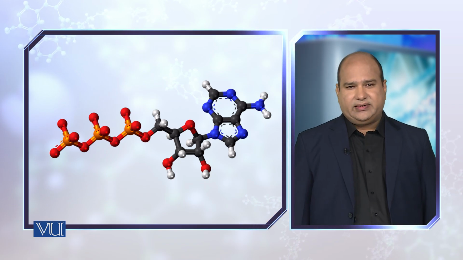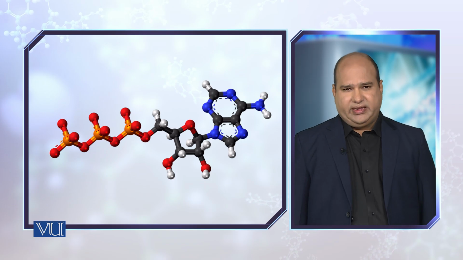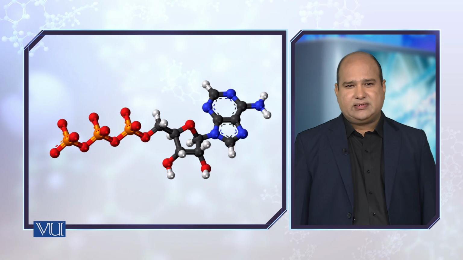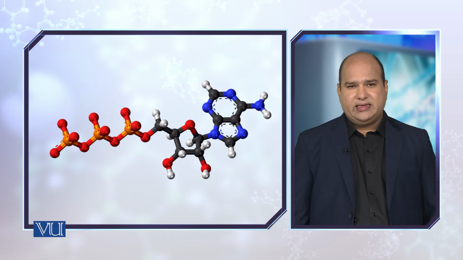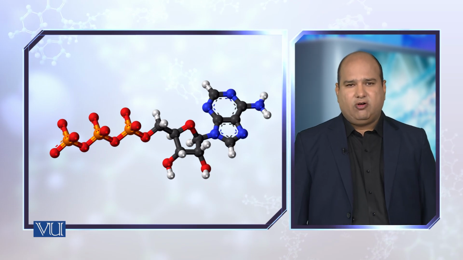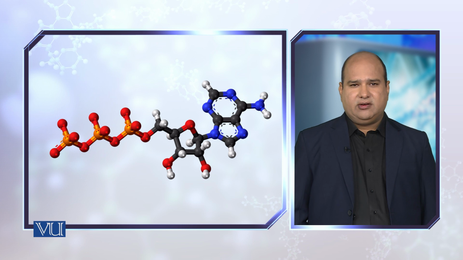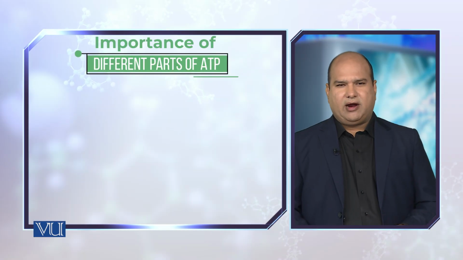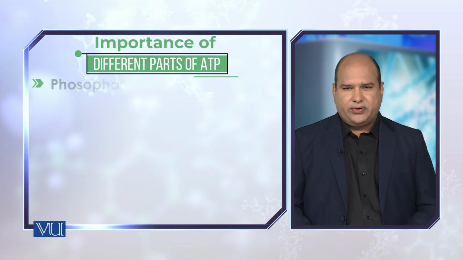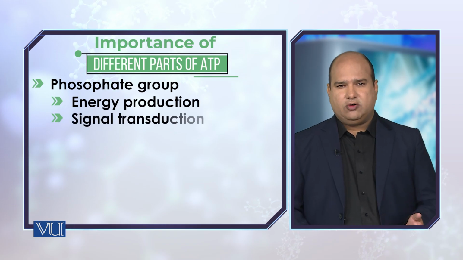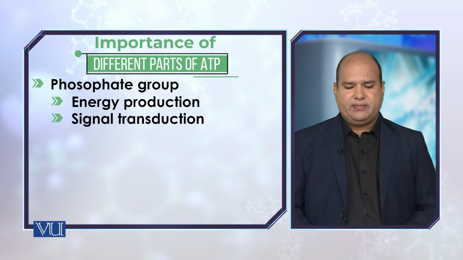I will later tell you how nowadays, by making use of different databases available on the web, we can investigate the structure of any molecule visually or by in silico methods. So, let us talk a little bit about the different components which make ATP, and how individually they play their role in the function of ATP.